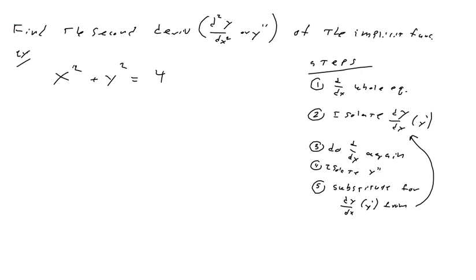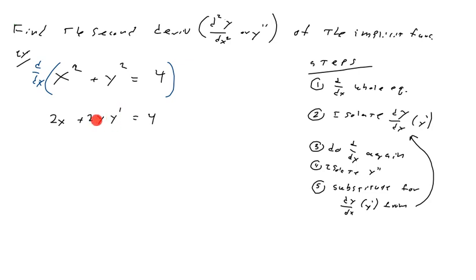Okay, so here we have our equation. This is an equation of a circle, x squared plus y squared equals 4. We're going to do d dx of this whole thing. So we get 2x plus 2y y prime equals 4. And see, this is why y prime is very useful.